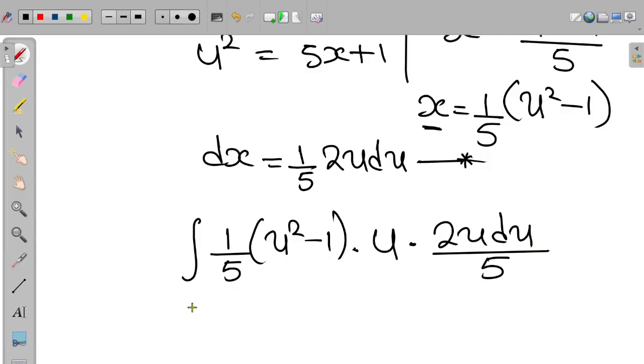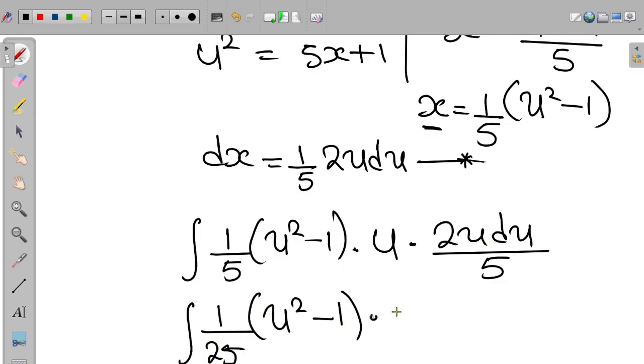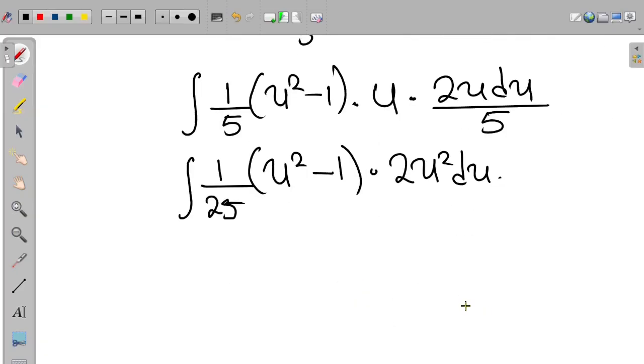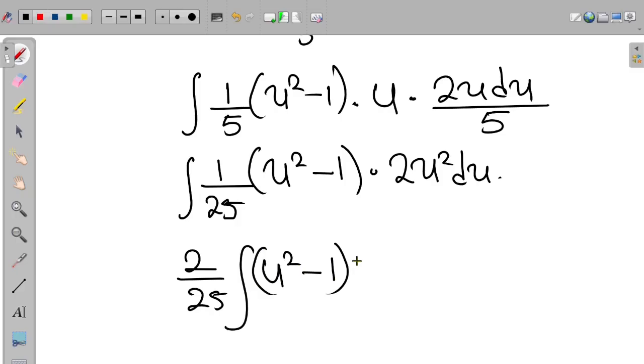So if we simplify, this becomes the integral of 1 divided by 25, u squared minus 1, multiplied by 2u squared du. Now at this point, 2 and 25 are constants, so this becomes 2 divided by 25 integral of u squared minus 1 multiplied by u squared du.